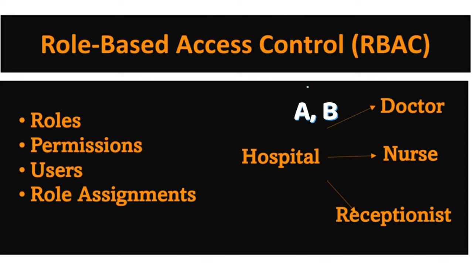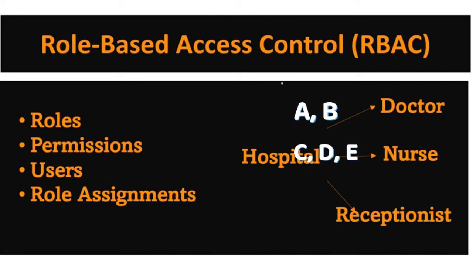Now say there are 2 doctors in this hospital, Dr. A and Dr. B. Both of them are assigned this role called doctor. Then maybe there are 3 nurses, C, D, E, and all of these 3 are given the nurse role. Then there is one receptionist, say F, and this one is assigned to the receptionist role.